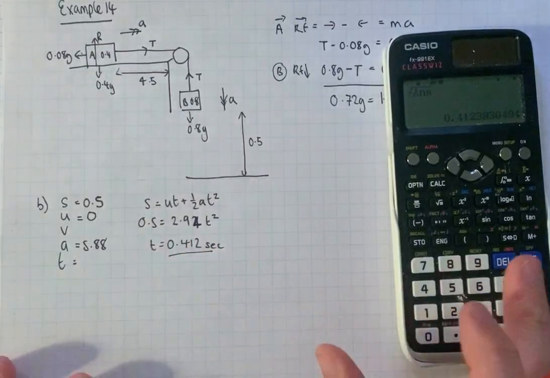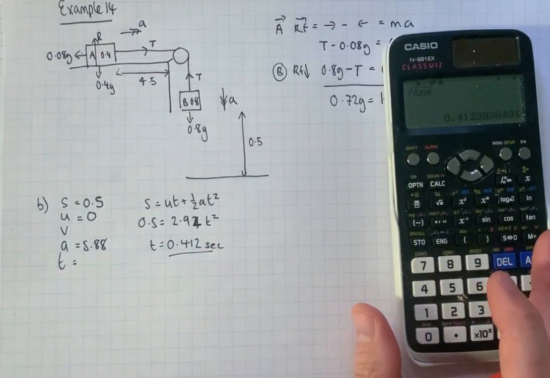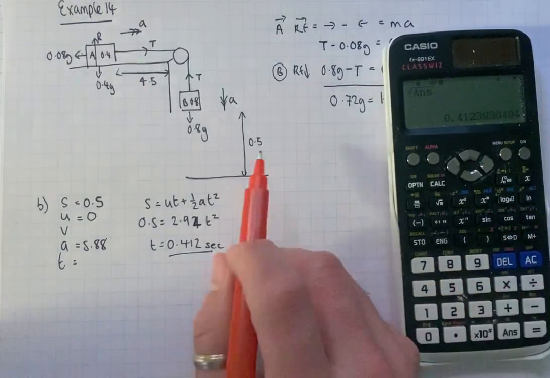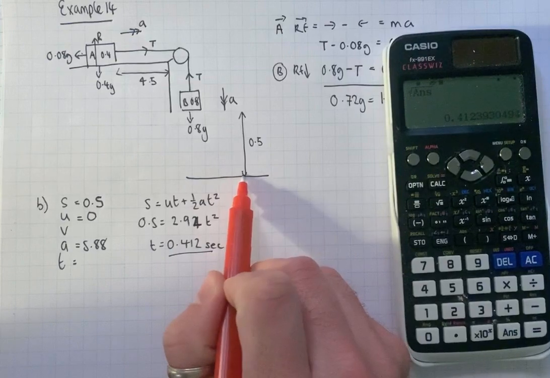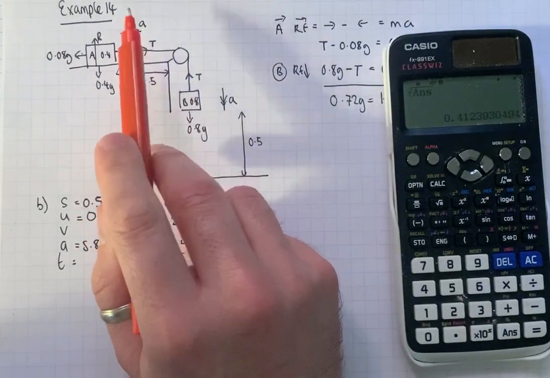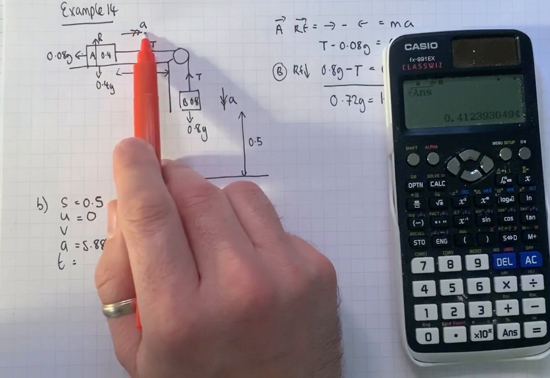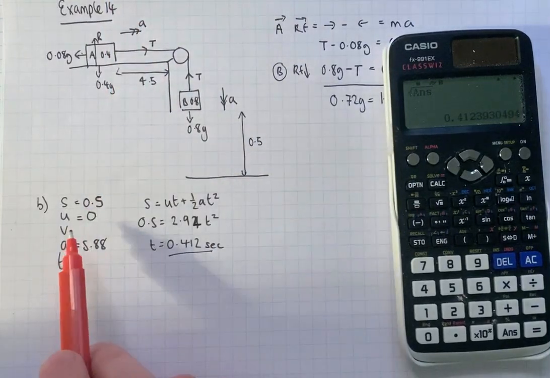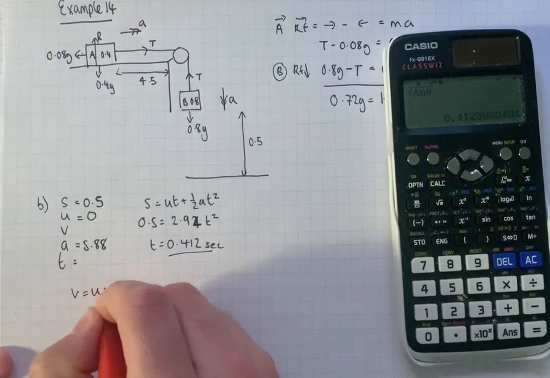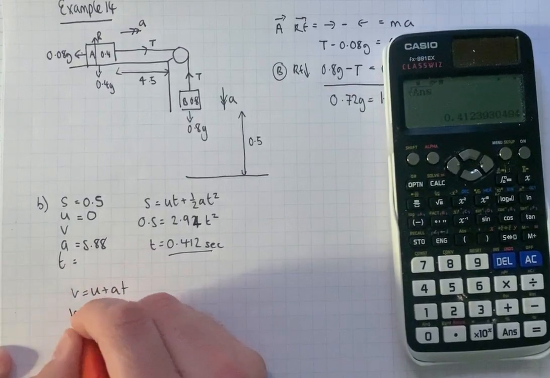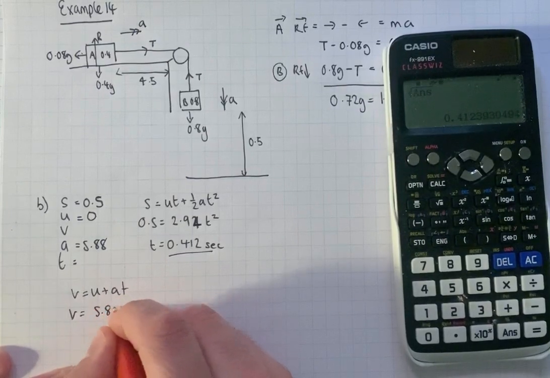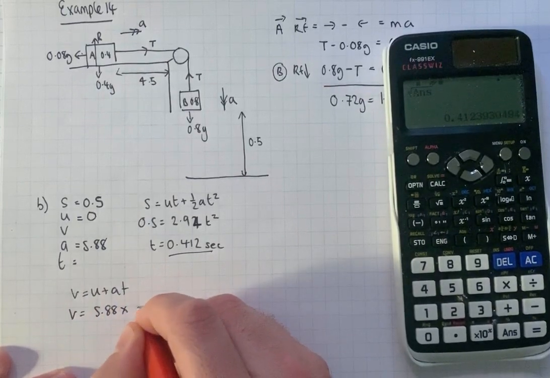Right, I'm going to look at the total distance travelled by A before it comes to rest. In order to work that out, I'm going to need to work out the speed at which B hits the ground, because that will be the speed which A was travelling when the string became slack. Okay, so I can use v equals u plus at. So v equals 0 plus 5.88 times t.